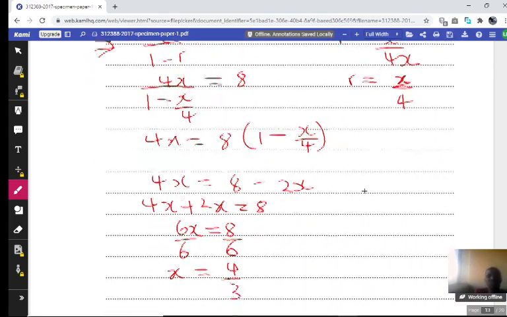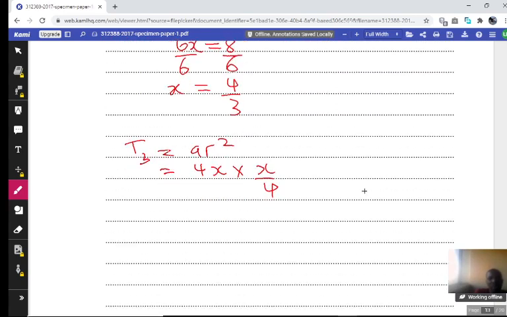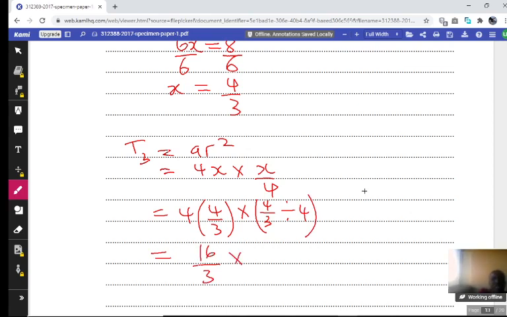So now, let's substitute the value of x that we just obtained. It equals 4, and where there is x, you put 4 over 3, times x over 4, where there is x, you put 4 over 3. Then 4 over 3 divided by 4, we write separately as 4 over 3 times 1 over 4.